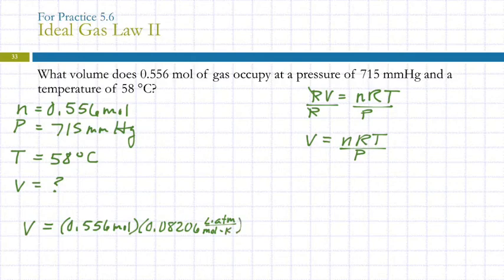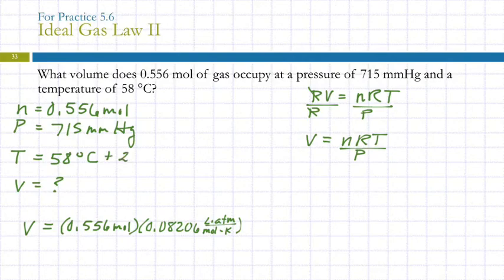And the temperature, what is this, degrees Celsius? Does that make you say, hey, something's wrong? Yeah. We can't use degrees Celsius in any gas calculations. That always has to be Kelvin, regardless of what kind of a problem it is. So we better convert that to Kelvin.